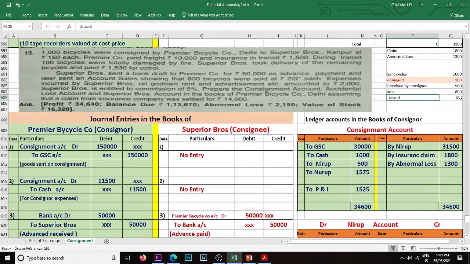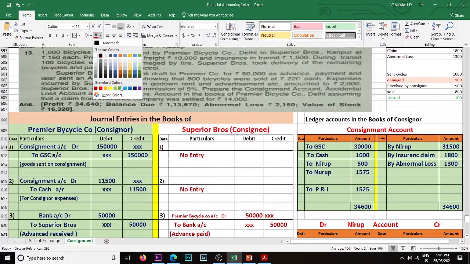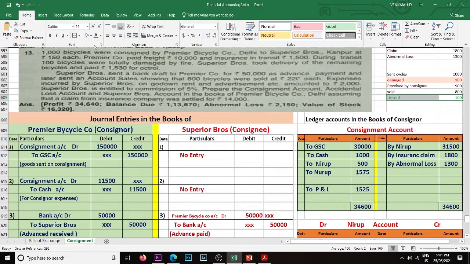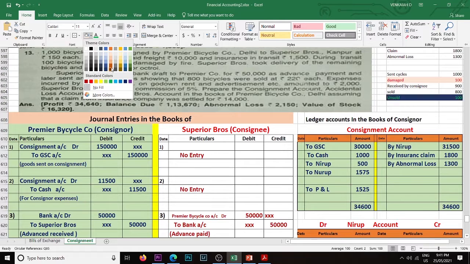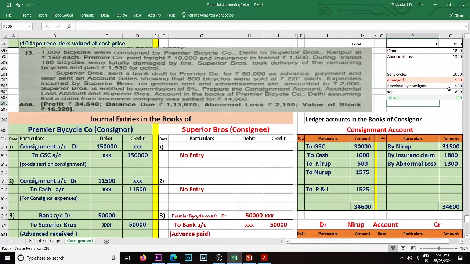We have to calculate this. Hope you receive this statement. Cycles sent how much? 1,000. Damaged in transit are 100. So received by consignee 900. Sold by consignee 800. Still to be sold or unsold is how much? 100.